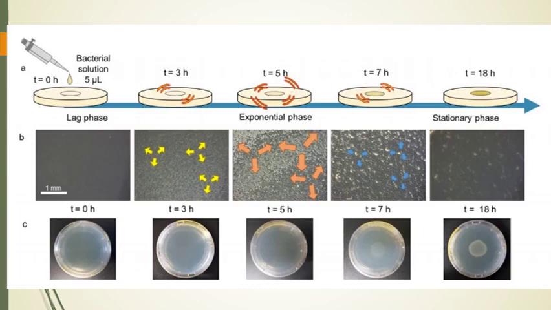The arrows in the picture indicate that the amount of dynamics at a specific time depends on its phase, being most vigorous at 5 hours. In line C, you can see pictures of the agar plate with bacteria for each time. The colonies are visible only after the end of the exponential phase at 7 hours.